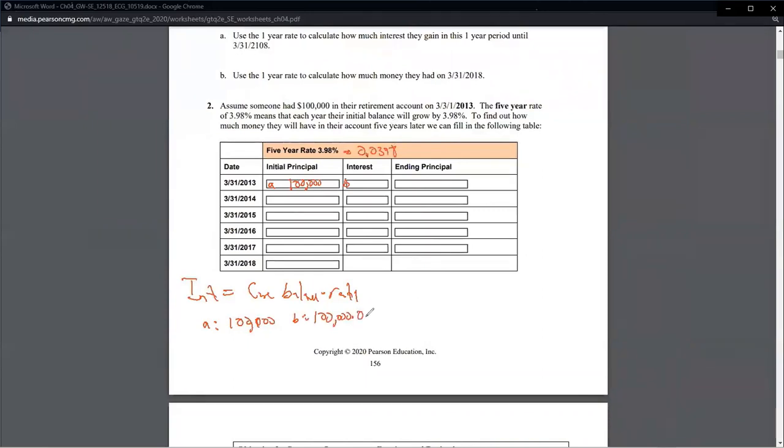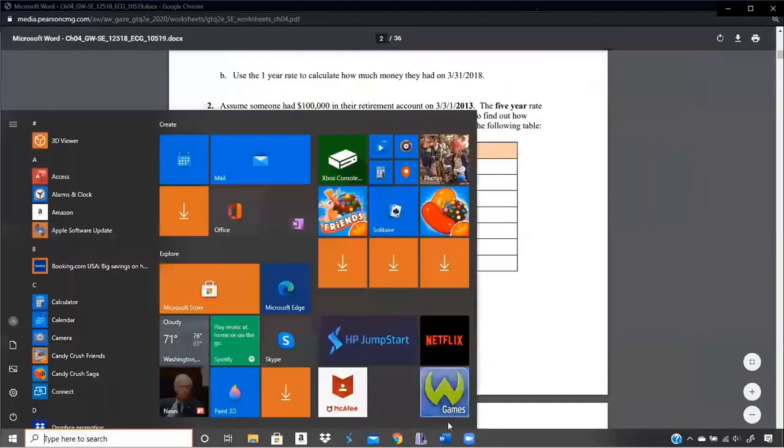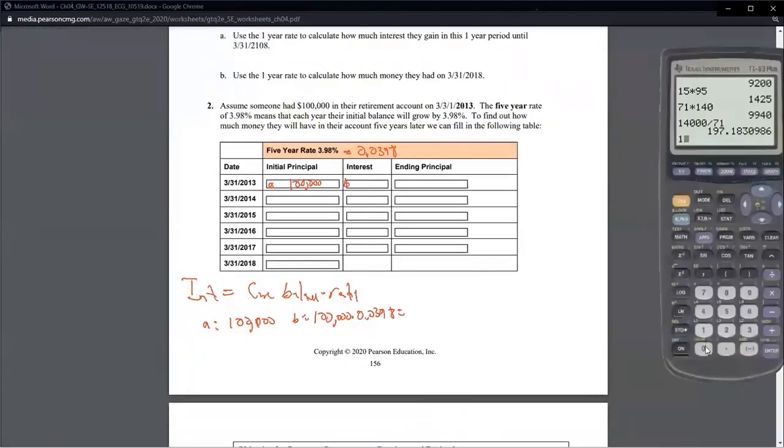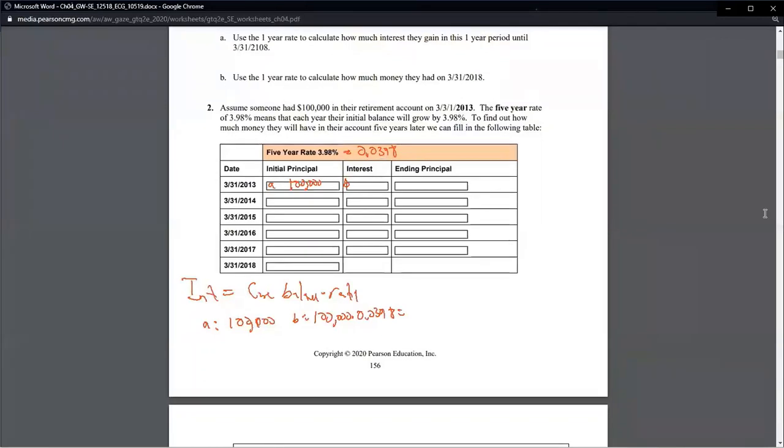So we take the $100,000 times the 0.0398. Get my calculator, there we go. So 100,000 times 0.0398, and we end up with 3980.